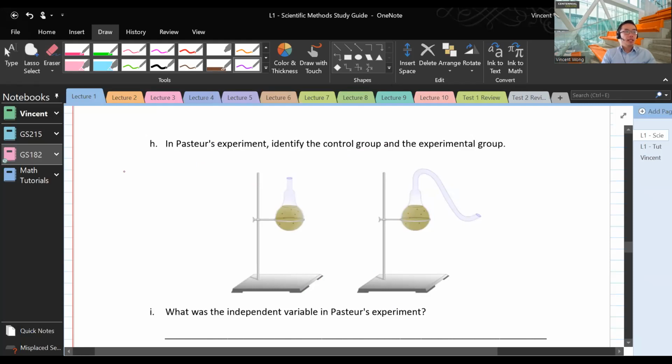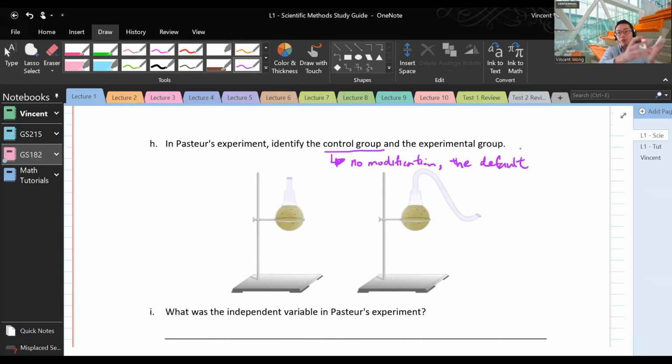First of all, what is the control group here? Let me just give you a definition. The control group is the group that has no modification. The default group. If you think about testing the effects of vaccines, the people who do not receive the vaccine, that's the control group.